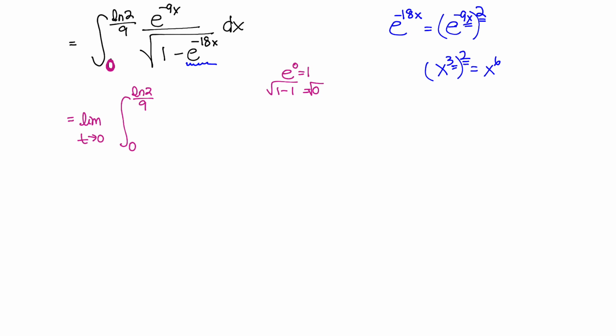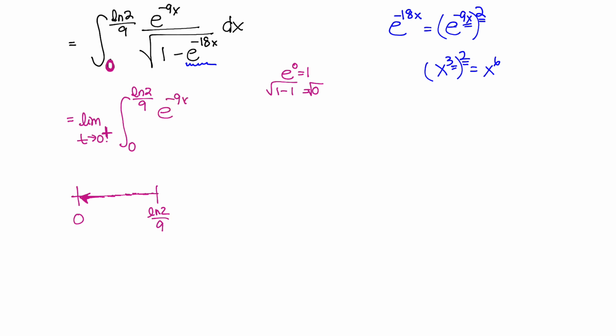So I'm coming from the positive side, from the right, because 0 is here and natural log of 2 over 9 is here. Within this interval, I am approaching 0 from the right side, the positive side.